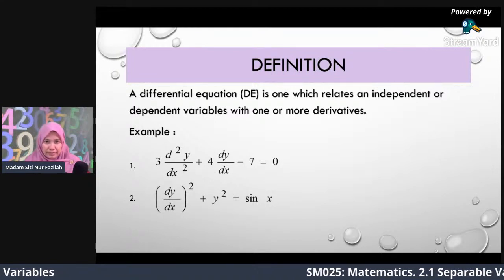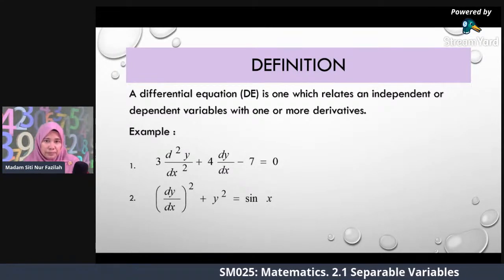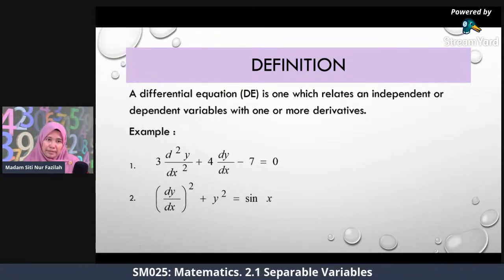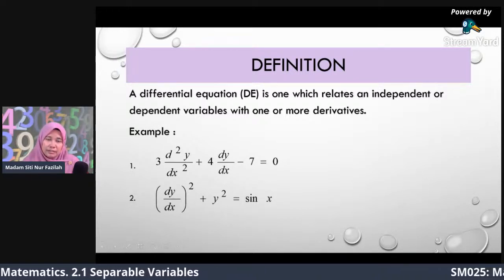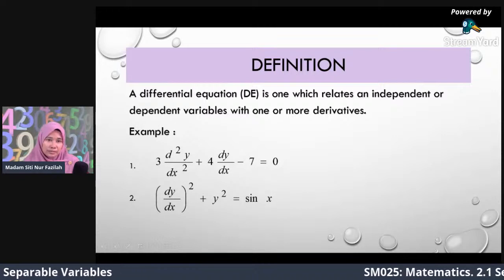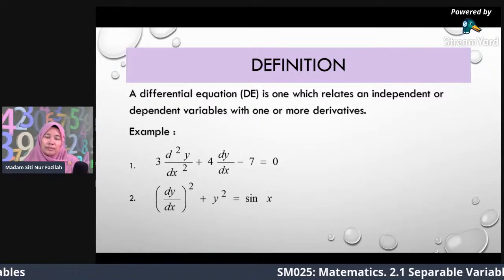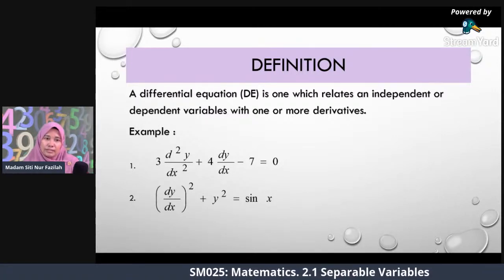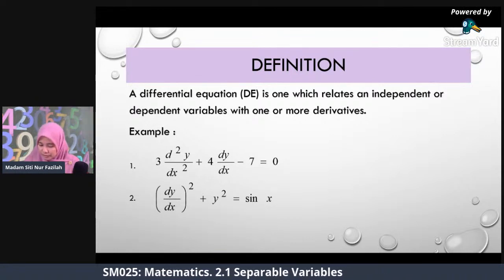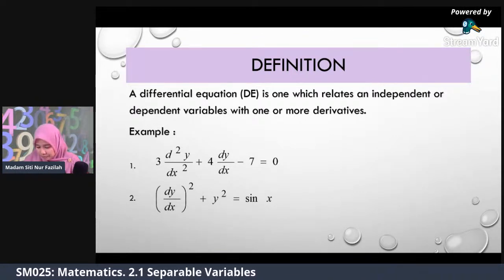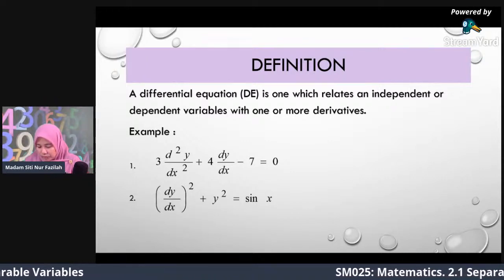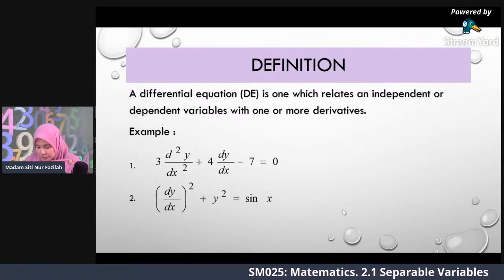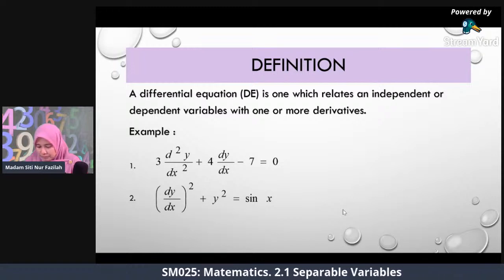For independent, we refer to variable y, and dependent, we refer to variable x. And for derivatives, we know that the derivatives are dy over dx, d square y over dx square, d cube y over dx cube.